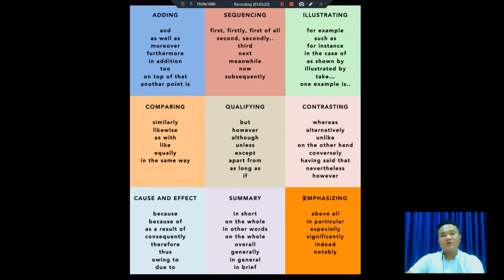All right, this is the list of cohesive devices I prepared here. The function is mentioned there as well. In this diagram, you can see there are nine functions: adding, sequencing, illustrating, comparing, qualifying, contrasting, cause and effect, summary, and emphasizing. We can't go through them one by one in this session, but I hope you spend some time reading through it.